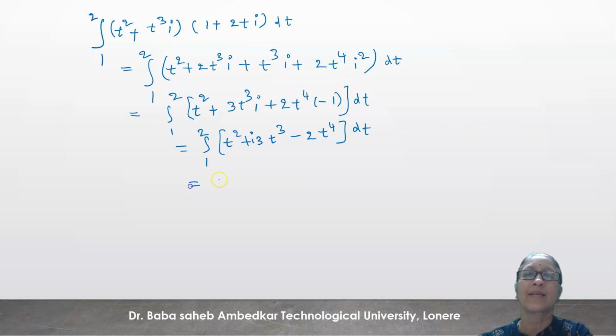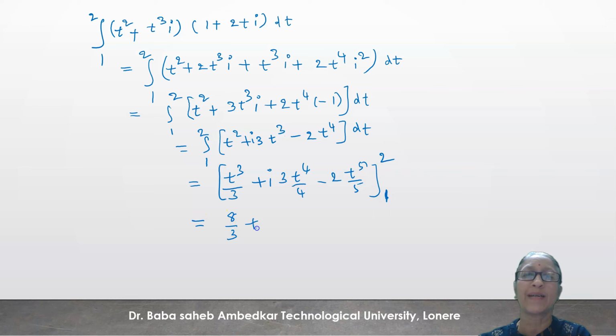So let us integrate. This is t cube by 3 plus i into 3 into t power 4 by 4 minus 2 into t power 5 by 5, under the limits 1 to 2. First put t equal to 2: 8 by 3 plus i into 3 into 16 by 4 minus 2 into 32 by 5.